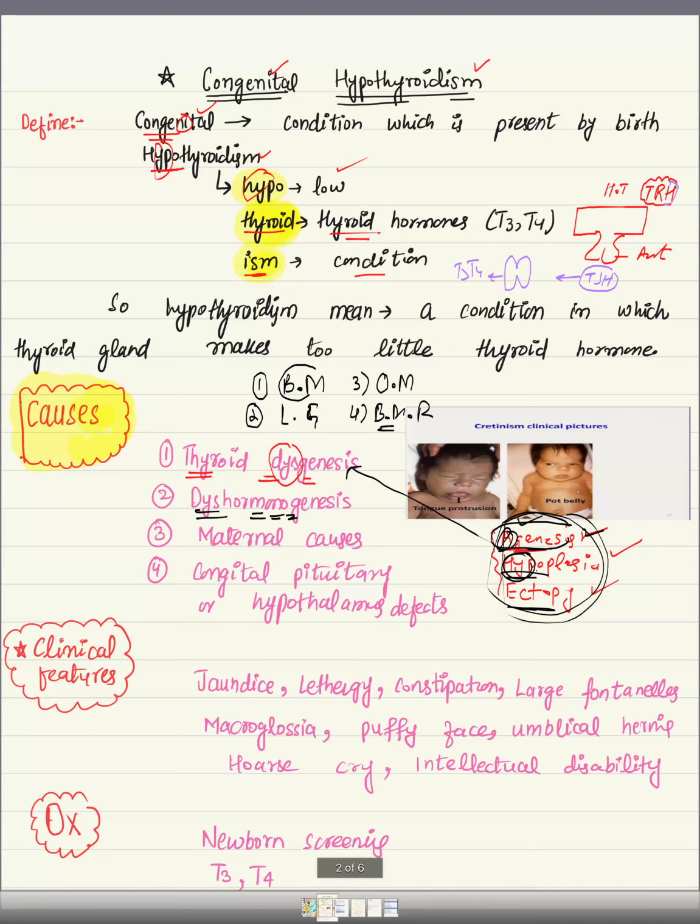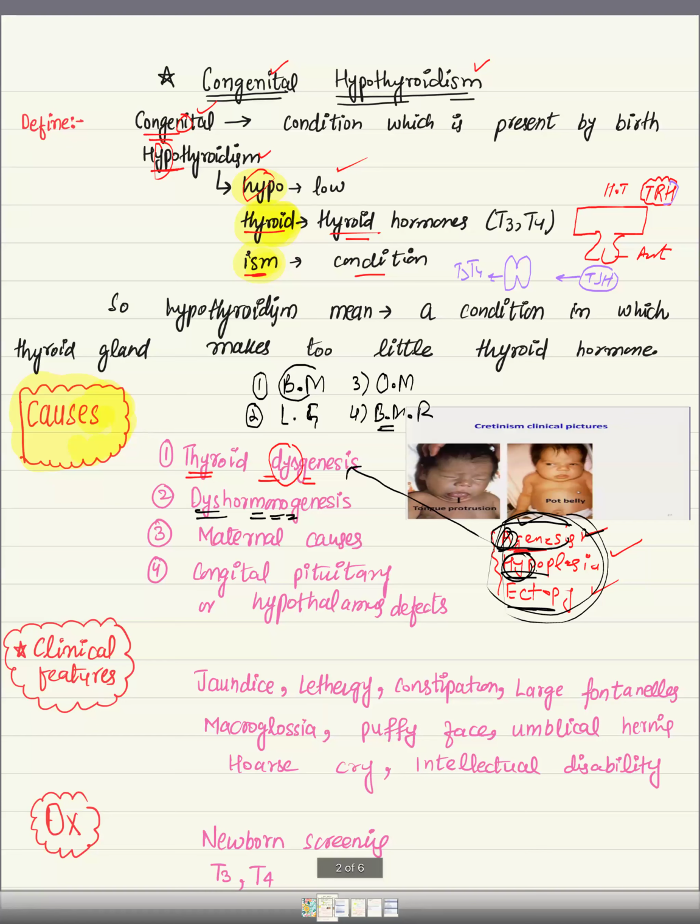Now again we have to go into the pathophysiology of this symptom. First of all, thyroid hormones are very necessary for two important things. First, they are very important for muscle tone. If in your body the muscle tone is good, it means T3 T4 are working well. And second, they play an important role in neuromuscular junction development.